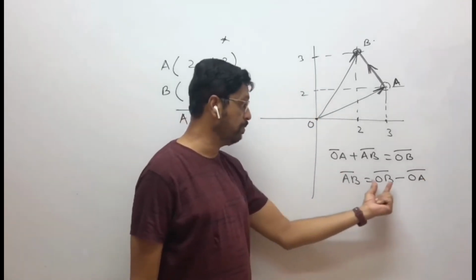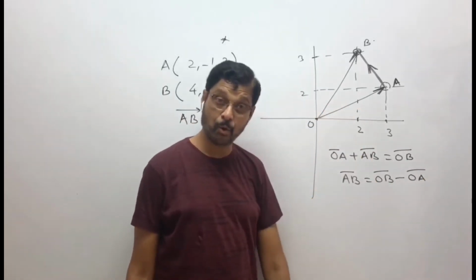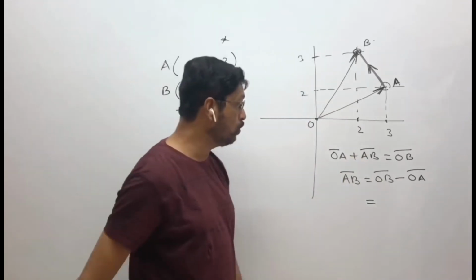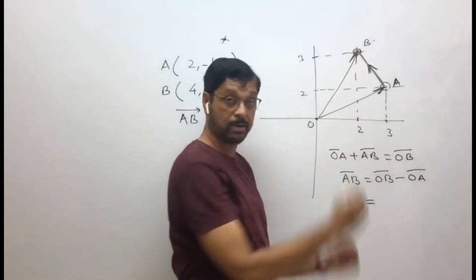So vector AB will be vector OB minus vector OA. What can you do? Vector OB, ये वाला vector कैसे find करेंगे?